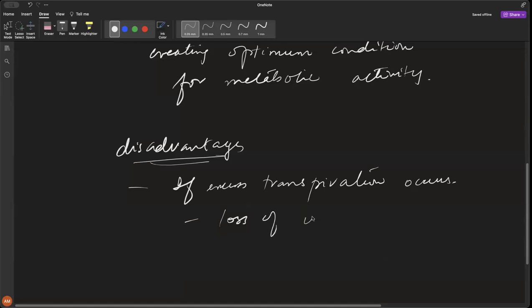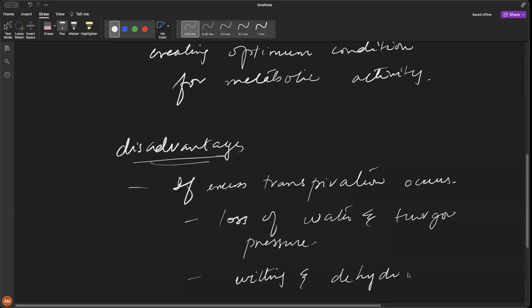Loss of water and turgor pressure, right? Wilting and dehydration.